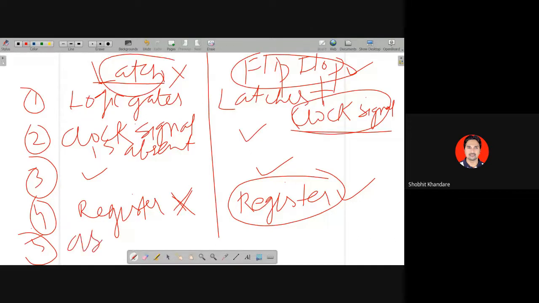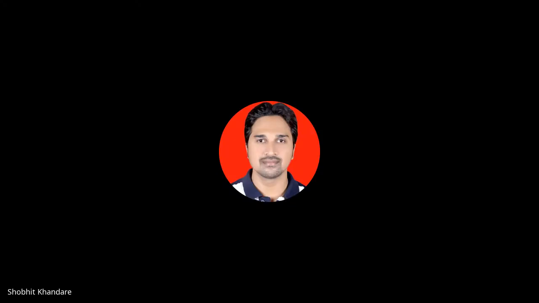I told you about asynchronous sequential circuits and synchronous sequential circuits. Asynchronous means without a clock signal; synchronous means with the help of a clock. So as the latch doesn't have a clock, it is asynchronous, as it is independent of the clock. Here, in the flip-flop, it will be synchronous.